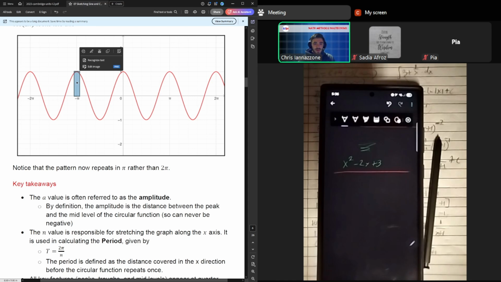Point being, that can only ever be positive because it's pointing upwards, whereas anything like this could be negative. That is not amplitude anymore. Amplitude can only be positive, whereas this a value could be positive or negative. That's the only nuance to keep in mind there.